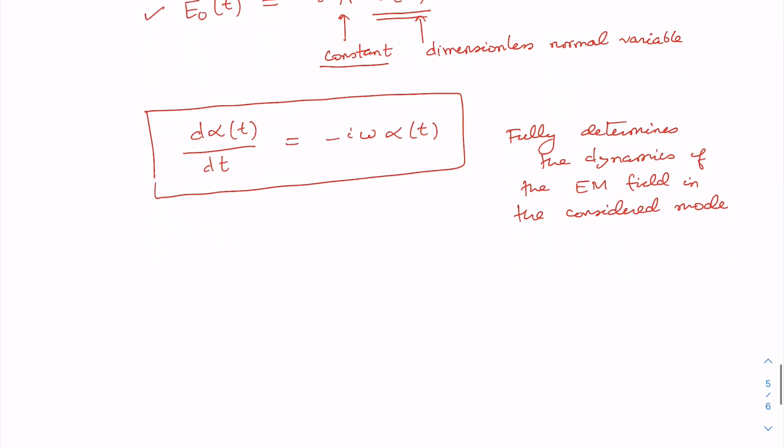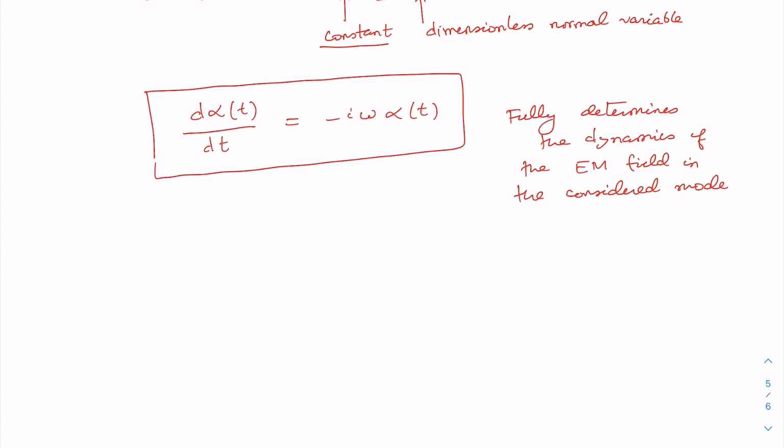Now let us introduce the real and imaginary parts of alpha of t, as I said that this is a complex quantity. The real part is q and the imaginary part is p, and it is multiplied by some factor, say 1 divided by root twice h cross.